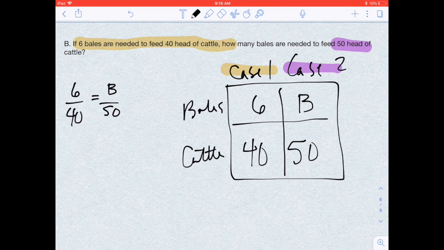I can simplify this and take out 2 from both of them. So it's going to be 3/20. So 3/20 equals b over 50. Cross multiply. 3 times 50 is 150. 20 times b.